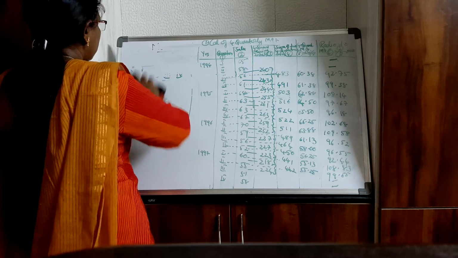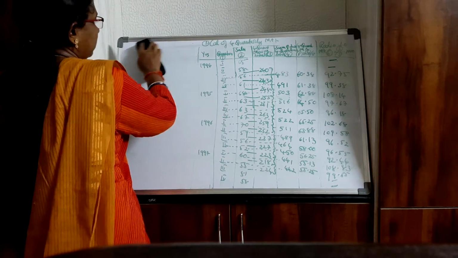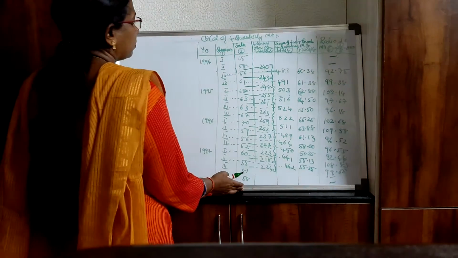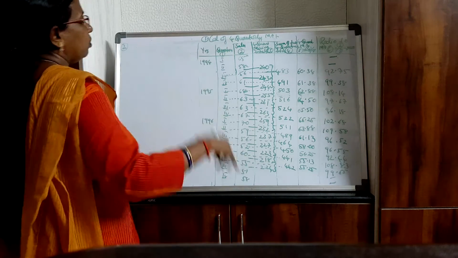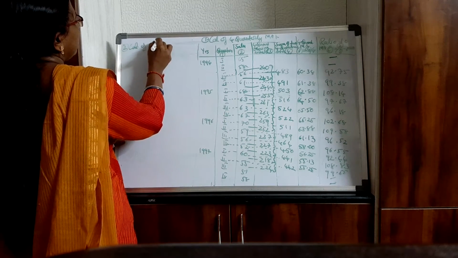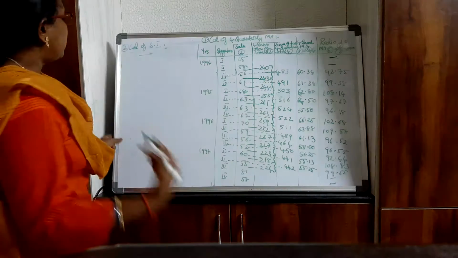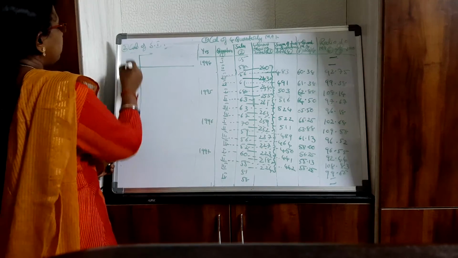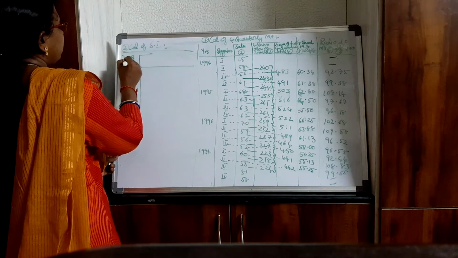So here I write it, calculation of seasonal indices. So after calculating the 4 yearly quarterly moving averages, this is calculation of seasonal indices. To calculate the seasonal indices, draw the table as given in the problem, in the same format.